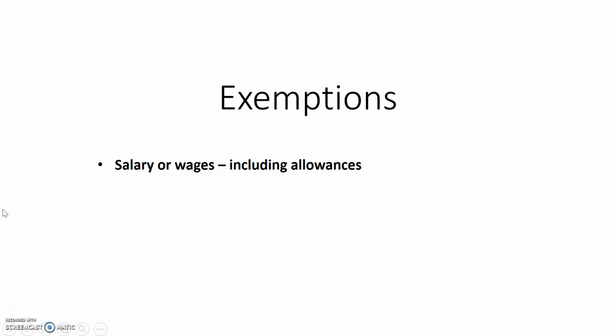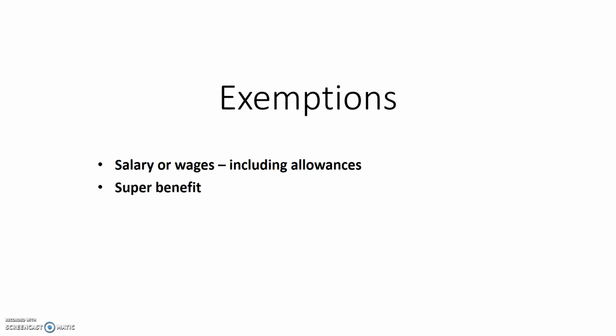If you were to receive a weekly travel allowance, say $20 a week, and you receive this allowance regardless of whether or not you actually spent any money on traveling, then you'd include this on your personal income tax return, and so it wouldn't be subject to FBT. If the allowance is specific to the money you spend, then it would potentially be considered under FBT.